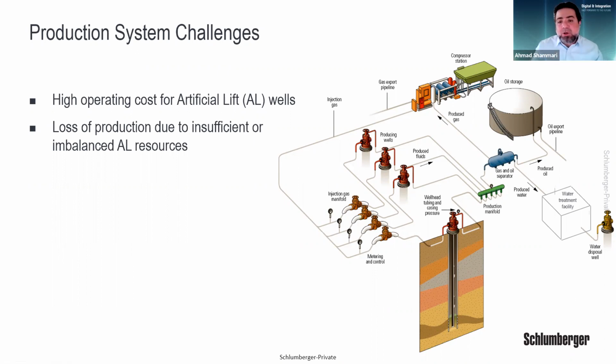And sometimes we have limited gas lift rate. And then how do I distribute this gas lift rate among the wells? What are the rules? What are the controls or the constraints that I need to consider when I distribute my gas lift rates among the wells? This is an important question.